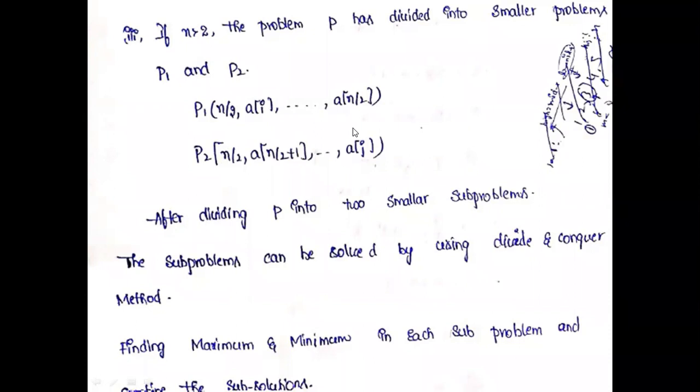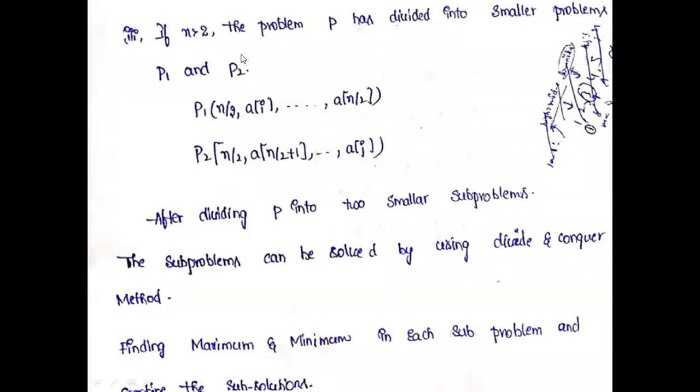By using the divide and conquer method, you can reduce the number of comparisons. Suppose the subproblems are also solved by divide and conquer using recursion to find the maximum and minimum value. Each subproblem is divided into subproblems until it can be solved without splitting.